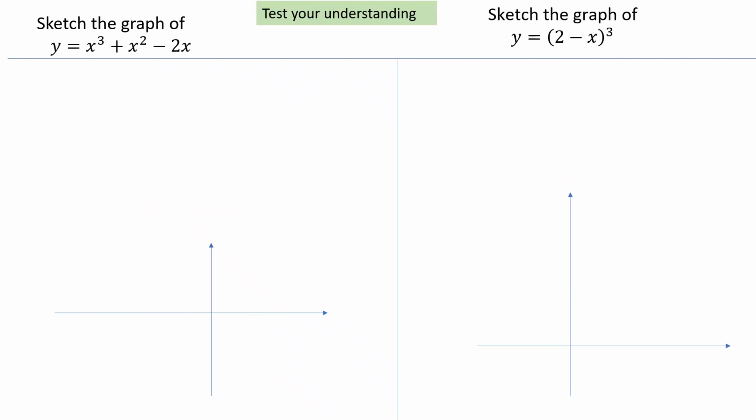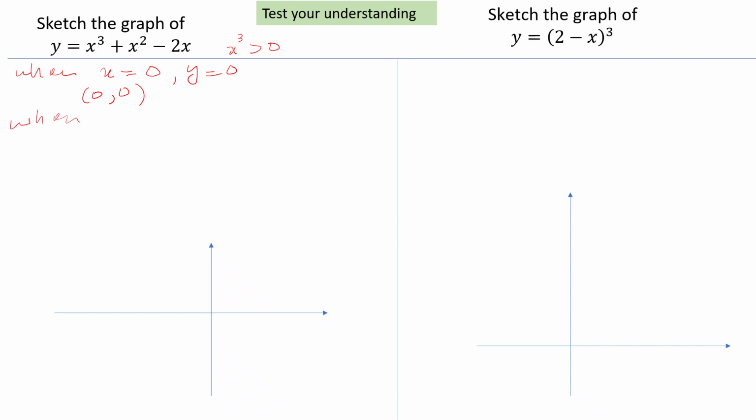Now pause this video and try it yourself. Here x cubed is greater than 0. So when x equals 0, y equals 0. So 0, 0, coordinate.